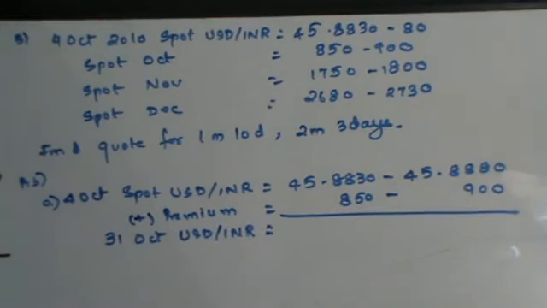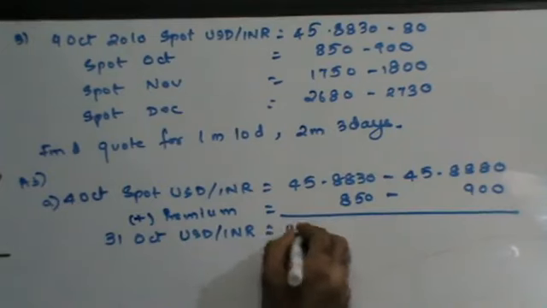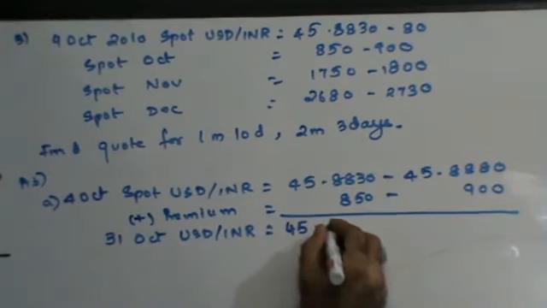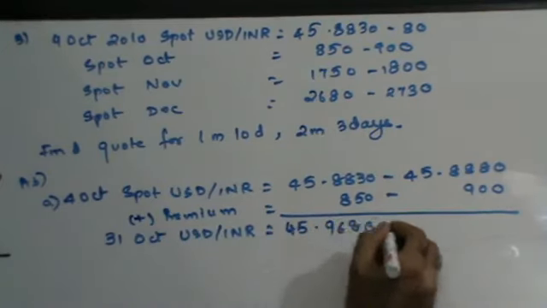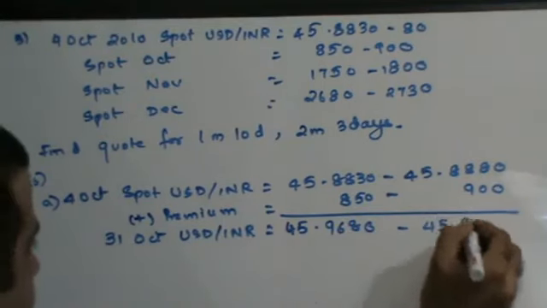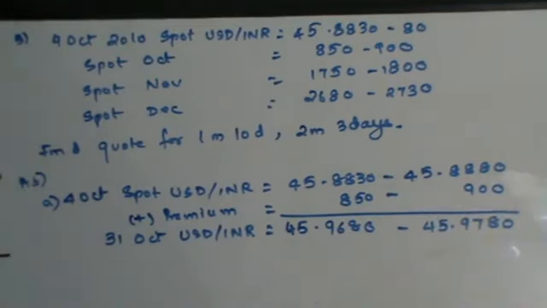When you add this, you will get 31st October USD INR as 45.9680 and 45.9780. Okay.